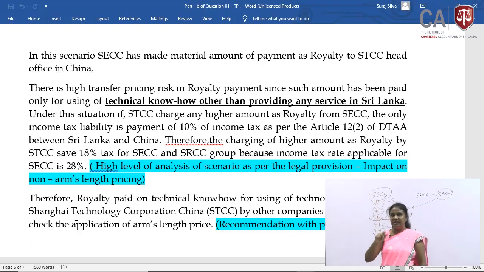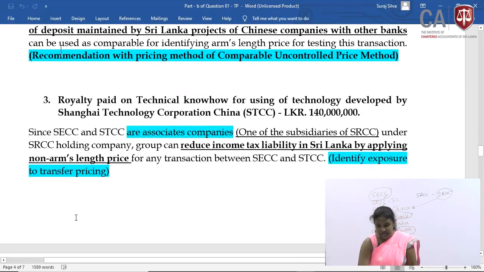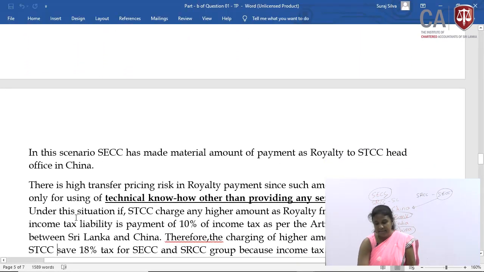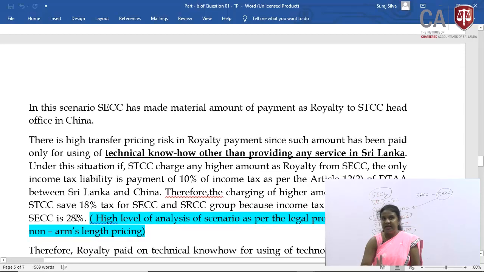Now, you have to think for getting a technical know-how for Chinese company, the head office, why we have paid like this? The STCC, which is a company in China. Then what is the reason for paying of this much of amount as technical know-how, which is LKR 140 million? Highly material. Now see the analysis of tax impact on this.